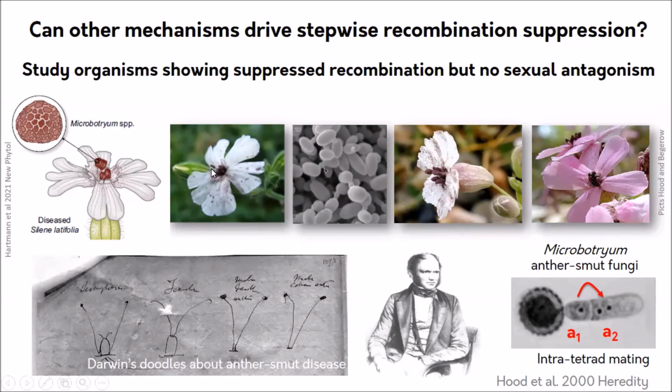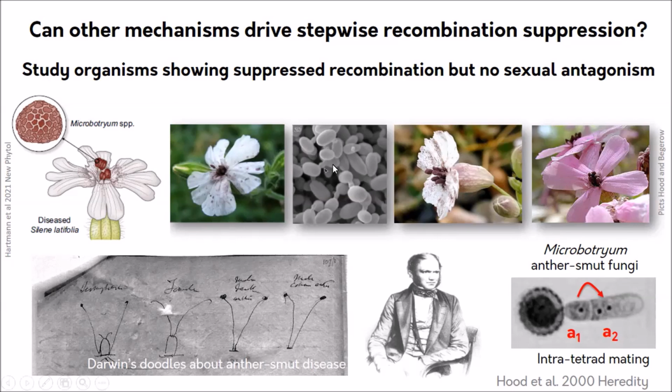And what is interesting is that we call them anther-smut fungi. They can parasitize many plants of the Caryophyllaceae family, and it is basically one species per plant species, so multiple species of fungi. So a wide range of hundreds of species, specialists each on their host plant.